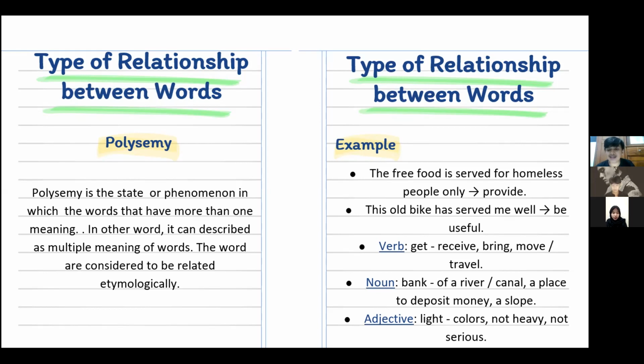Get can mean receive, bring, move, or travel. And the next one, for a noun, is bank. Bank can have other meanings like the side of a river, a canal, a place to deposit money, or a soul. For an adjective, light can mean a color, not heavy, and not serious.